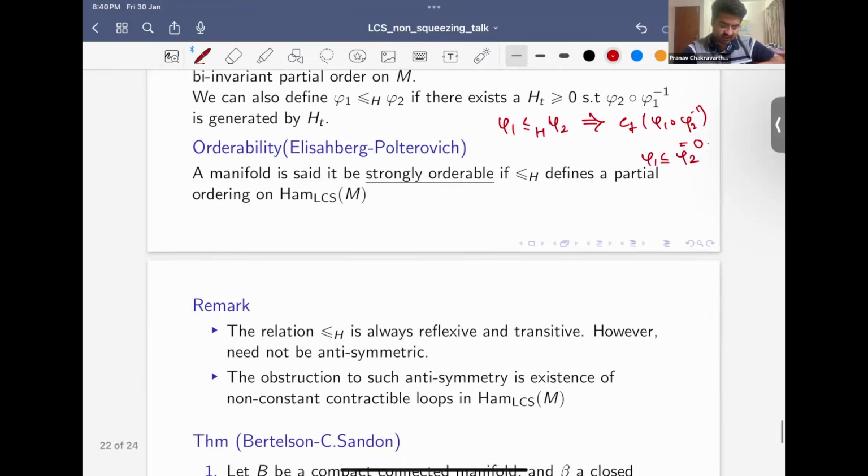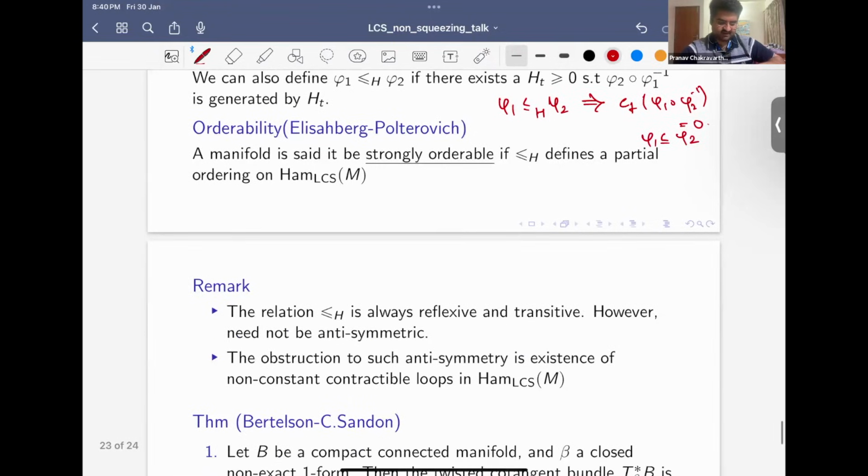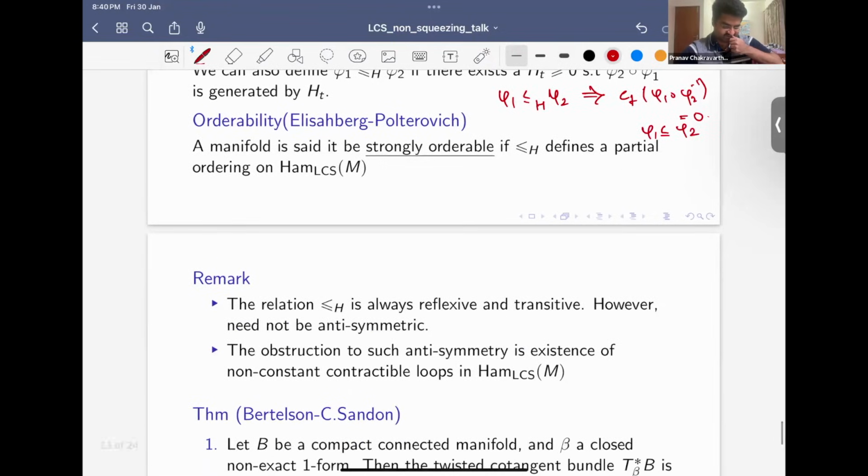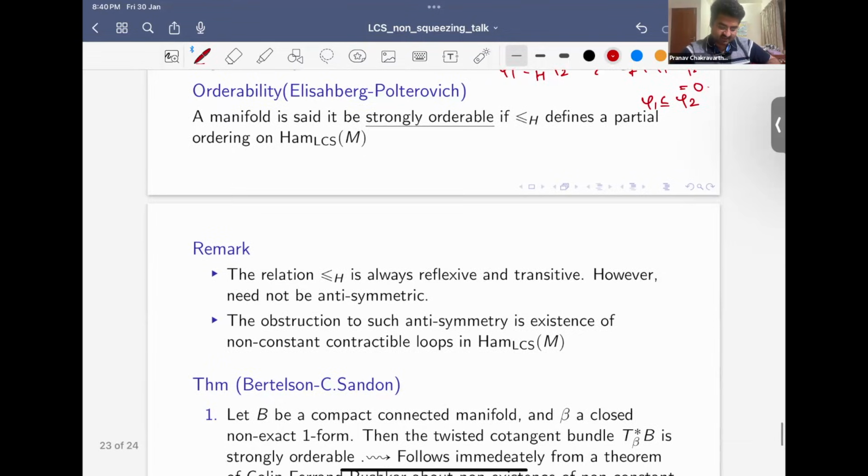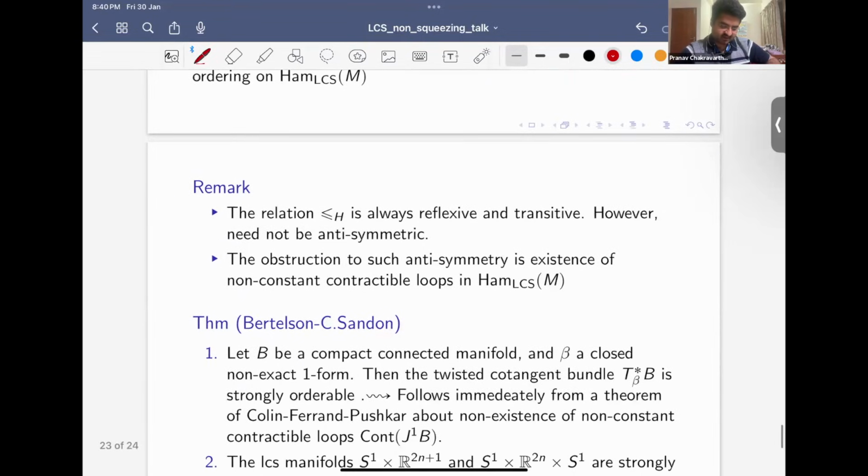So Eliashberg and Polterovich defined a notion that is important in the contact case called orderability. A manifold is said to be strongly orderable if the Hamiltonian ordering defines a partial ordering on the space of automorphisms. In general, this ordering is reflexive and transitive, but it need not be antisymmetric.